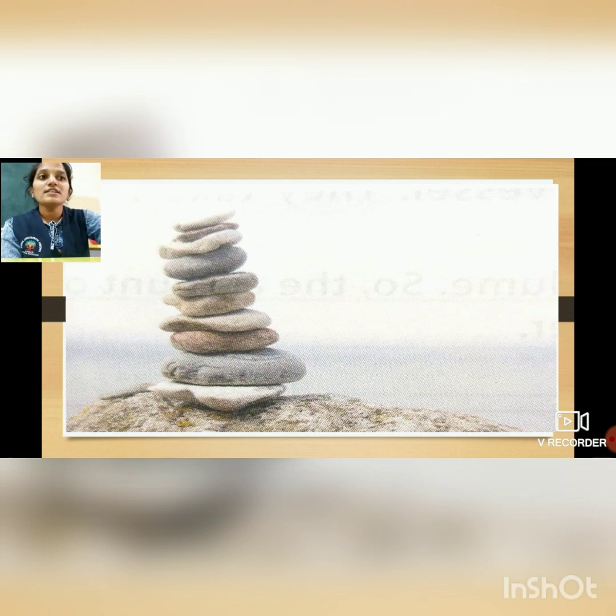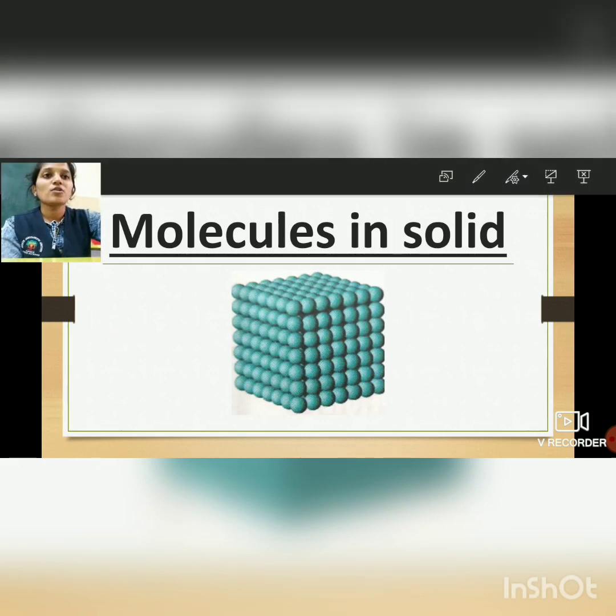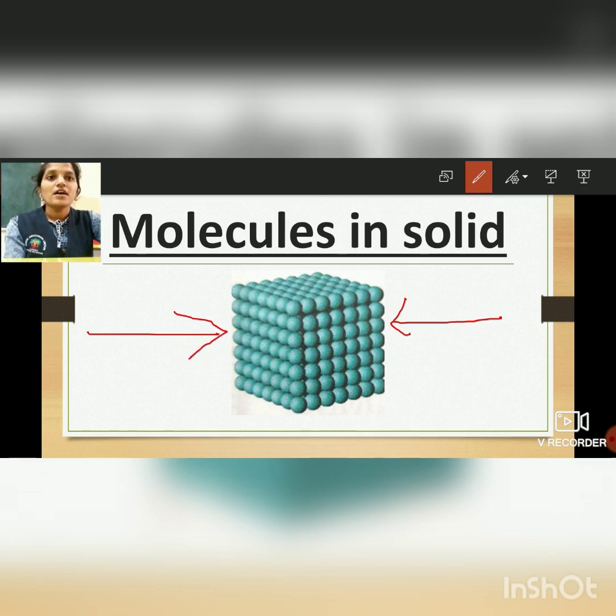Now we are going to see the place of molecules. So we are going to see how the place of molecules is there in a solid. So students, here you can see the image for molecules in solid. So students, here we can see that the molecules in solid are closely packed, and even we cannot see a space between them.